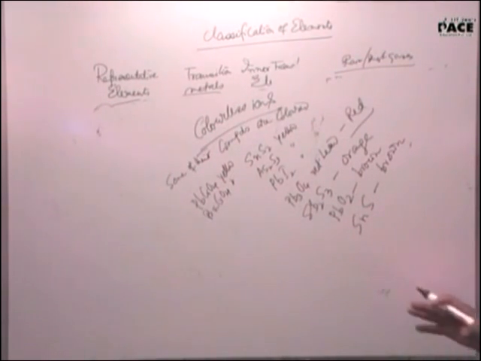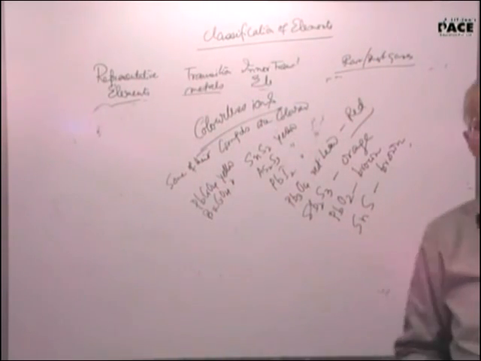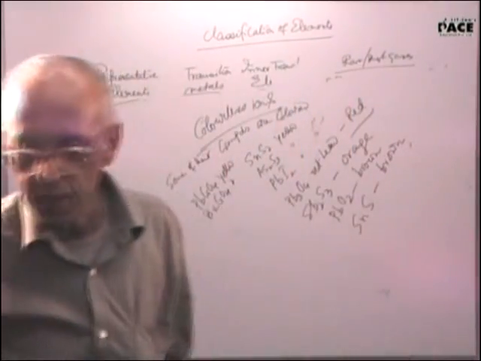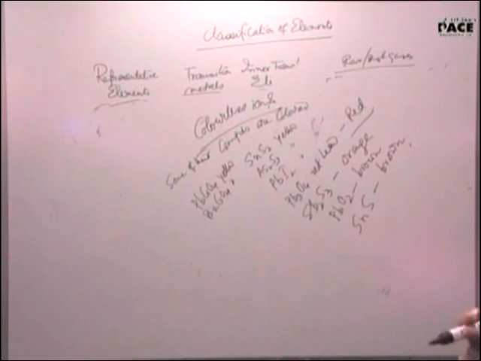Now, at this moment, I am not going to tell you what causes the colors. When I discuss the transition elements, I will tell you what causes the color of these compounds. In a nutshell, what can we say about representative elements?